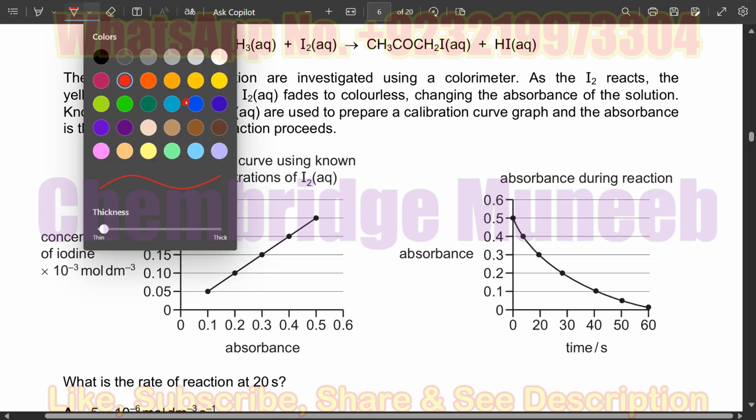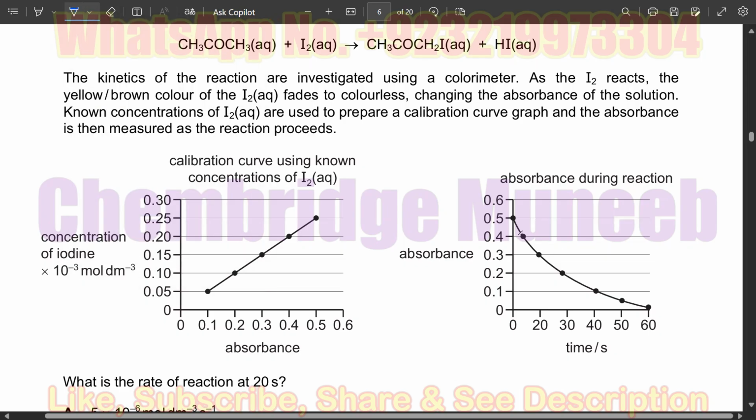If I look at the right graph, the time is mentioned from 0 to 20 seconds, and the value of absorbance is given on the y-axis. So at 20 seconds it lies on the 0.3 absorbance. 0.3 absorbance comes right above the 20 seconds.